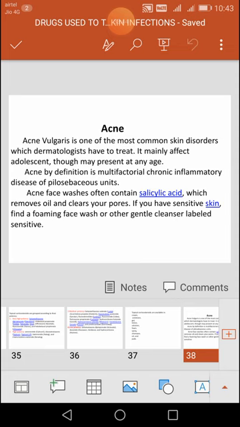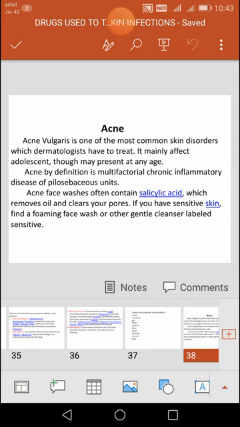It mainly affects adolescents though it can present at any age. In later ages also it comes, but it is very common in adolescents. Acne by definition is a multifactorial chronic inflammatory disease of pilosebaceous units.